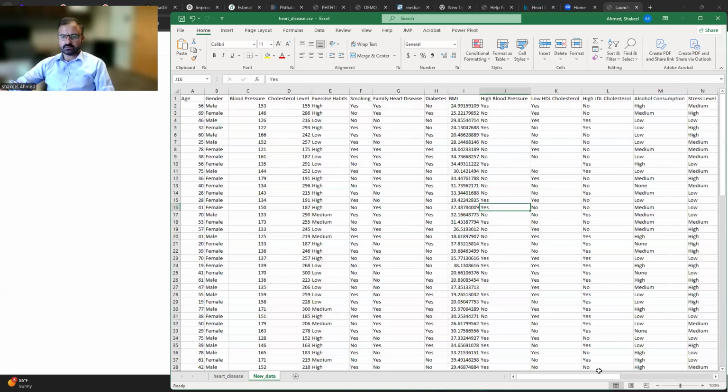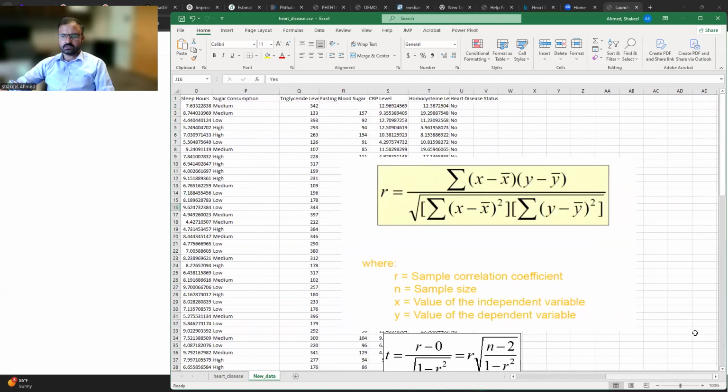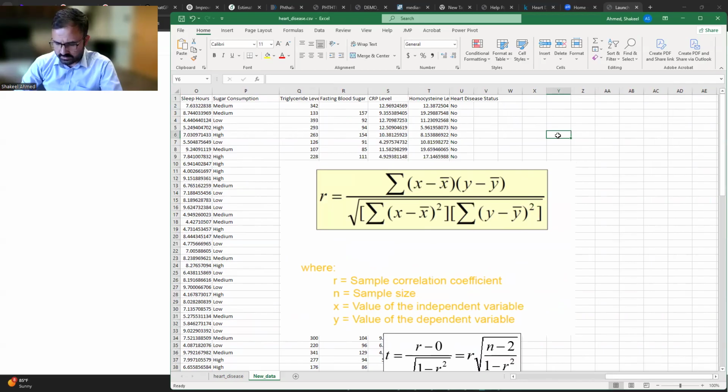So we will start with finding the covariance, and then find the standard deviation of x and the standard deviation of y.